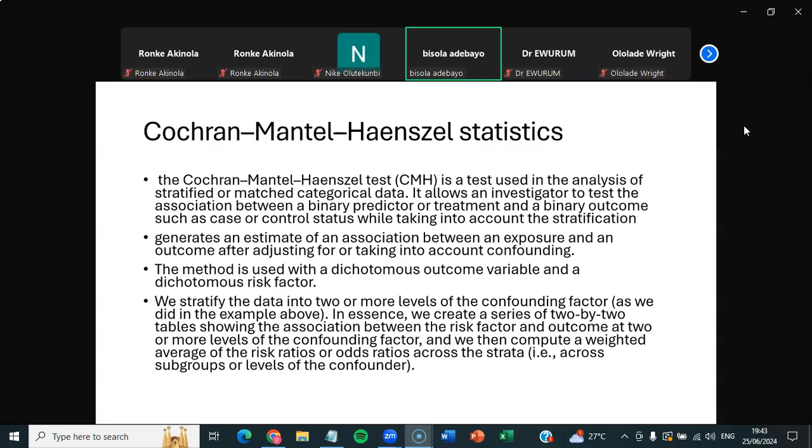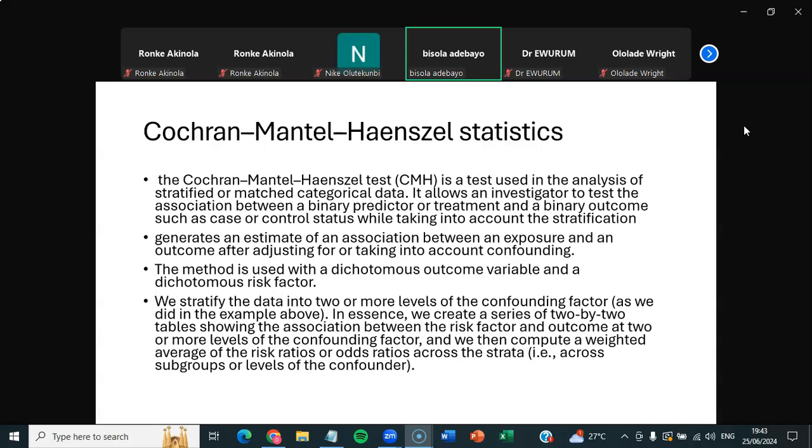For example, if we are looking at lung cancer and smoking, you might want to look at the subgroups in both, or maybe people that take alcohol or not. That's just an example. So it generates an estimate of an association between an exposure and an outcome after adjusting for, or taking into account, confounding.